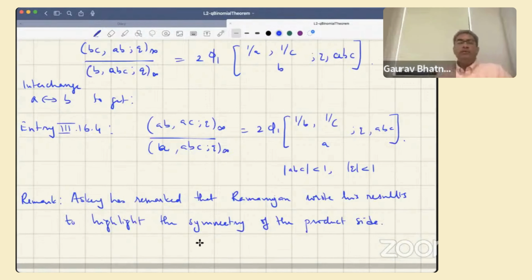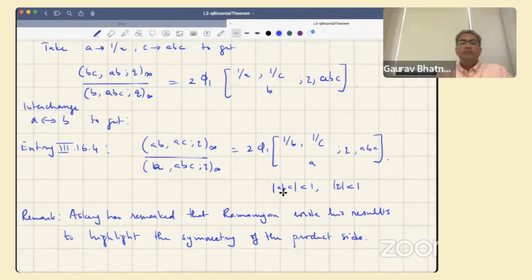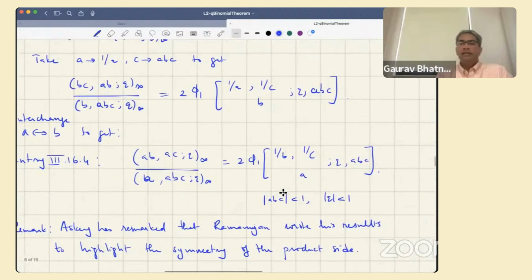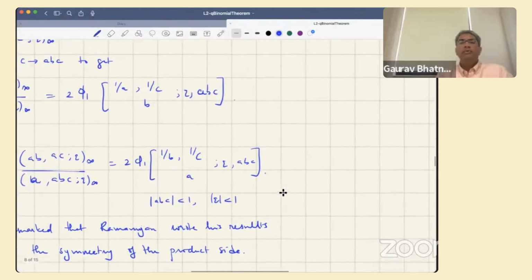And usually we write it as a sum equal to some product. So I will show you how we usually write this thing. But this is a result of Ramanujan, which follows immediately, and it generalizes a result of Gauss.